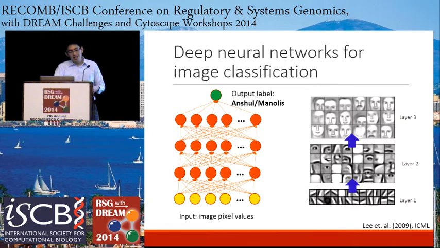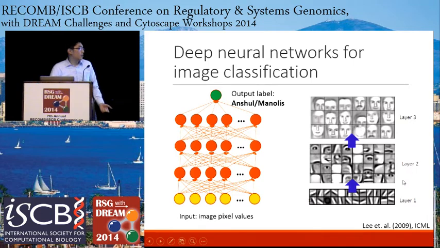I emphasize that these methods are hugely advantageous in that we feed in the raw image pixel values and obtain a classification, and you don't have to build the features by hand. On the right, I'm showing the kinds of features that other people have managed to learn from a deep neural net when they applied it to faces.